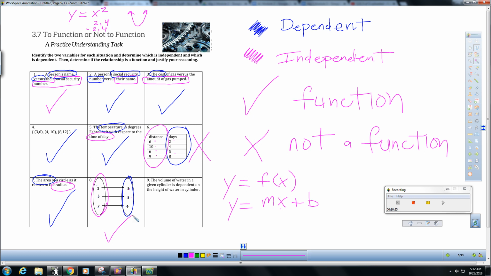The volume of water dependent on the height of the water. This is very, very dependent on the height of the water. Let's see. Well, the volume of the water also depends not only on the height, but on the radius too. But it's easy to identify that the volume is dependent, we call it, on the height.